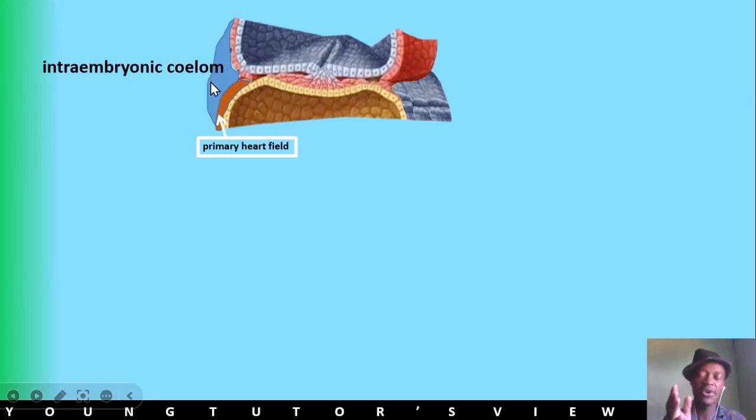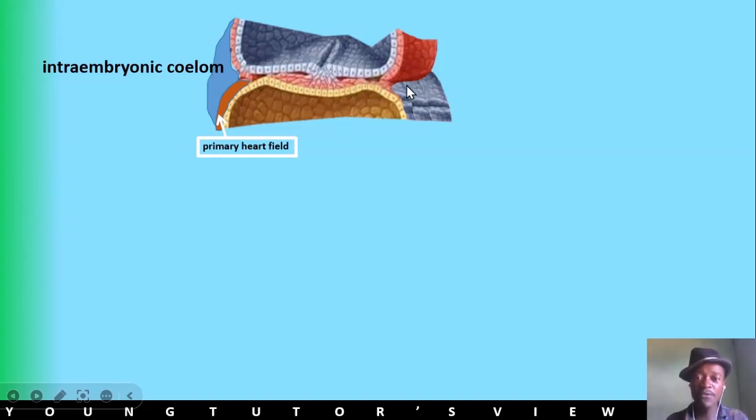But something is going to happen after the cranial fold, or fold of the head. There will be exchange of positions of the intraembryonic coelom and the primary heart field. We are going to see after the cranial folding that the primary heart field is going to be above the intraembryonic coelom. So let's see what is happening here.